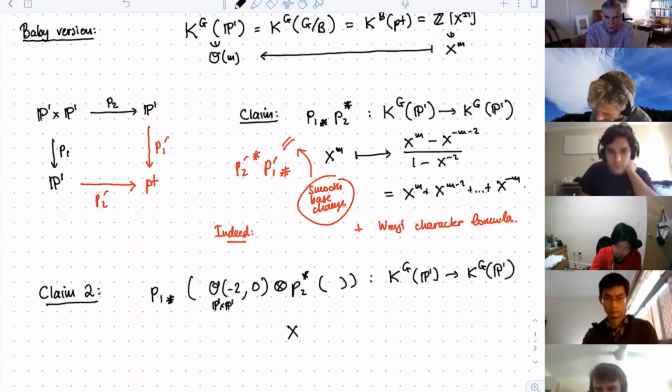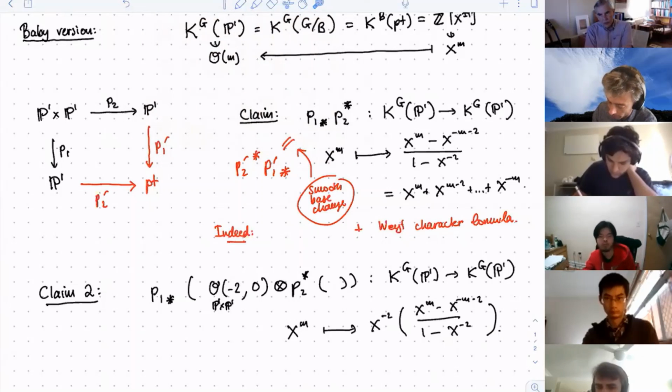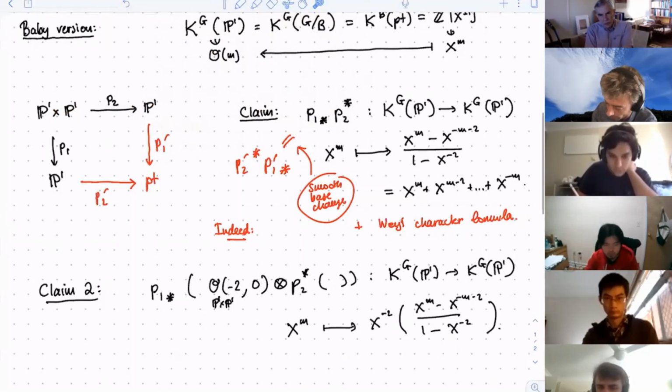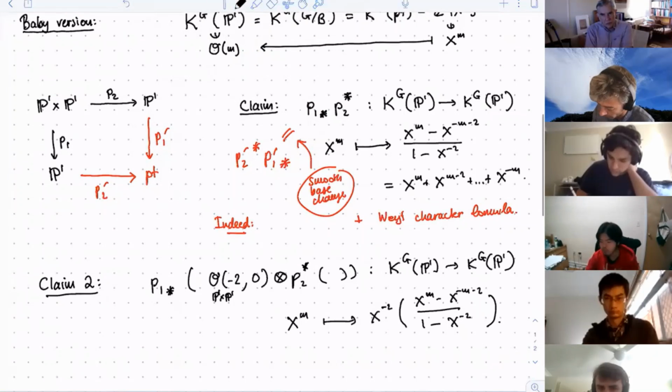P1 sends x to the m to x minus 2 of what we had up here. And here what I'm doing is pulling back and tensoring with something. So maybe I'll write it down. This is just the projection formula.